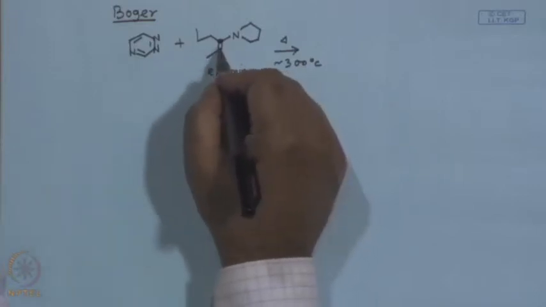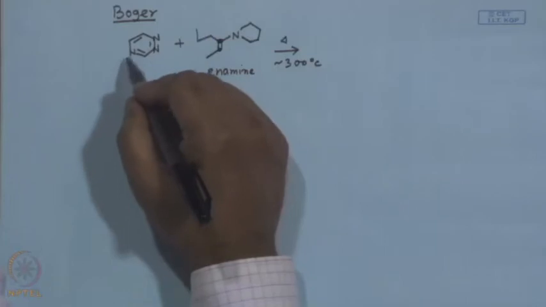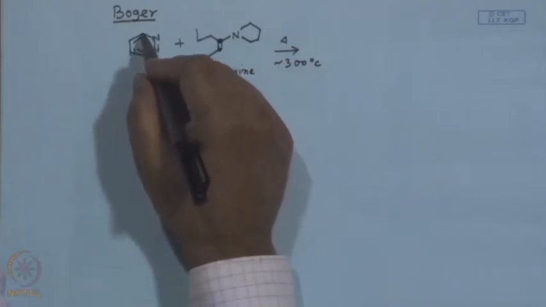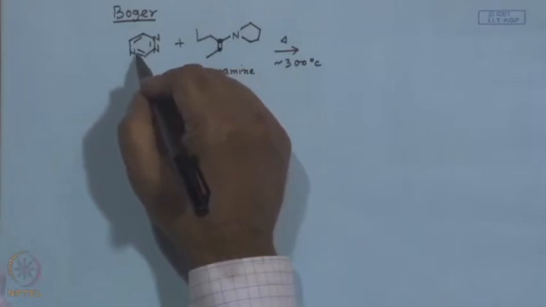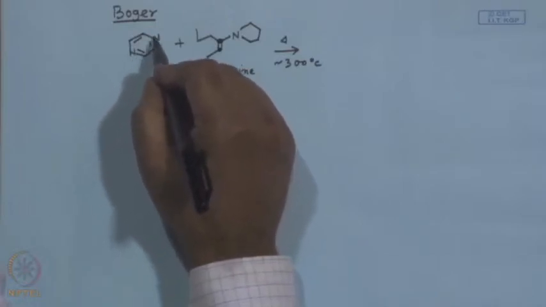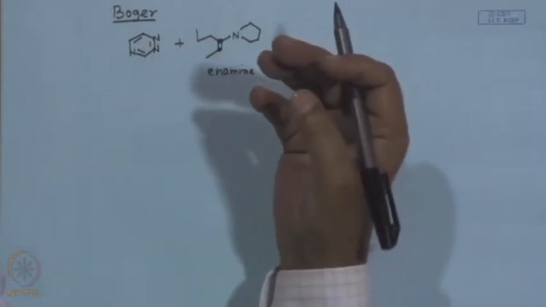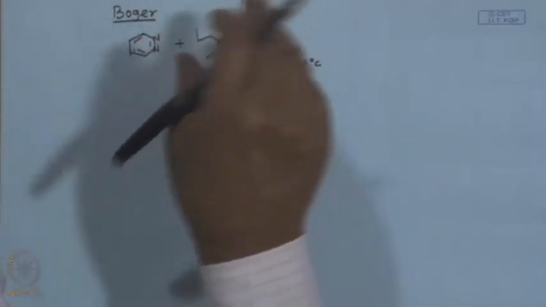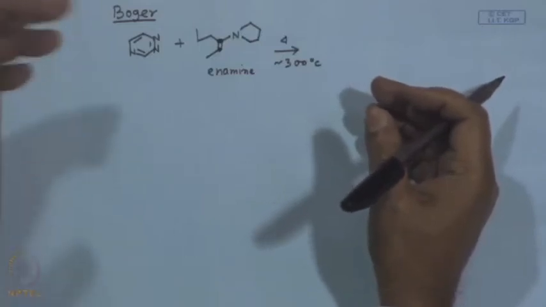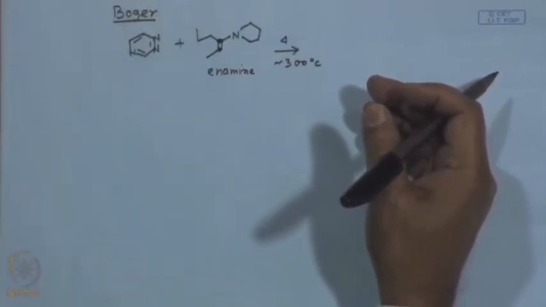So, these 2 carbon atoms will add to the 1,4 ends of a diene system. You can take this as a diene system, or this as a diene system. Any 4 combination of atoms would be a diene system, because the bonds move, or not moves, I should say. It can be picturized in any way because of the resonance.